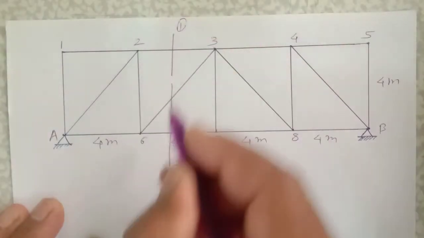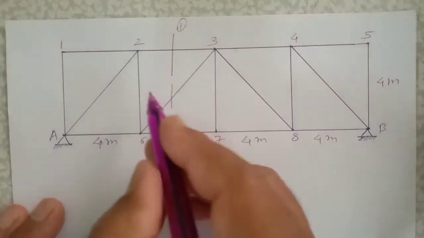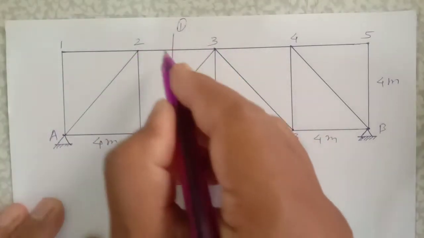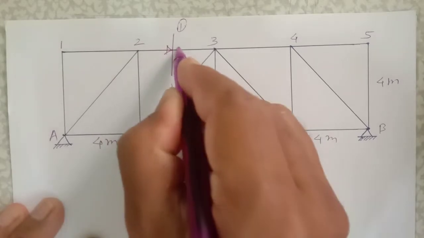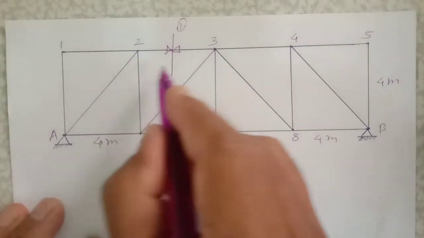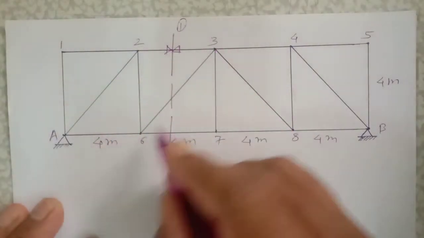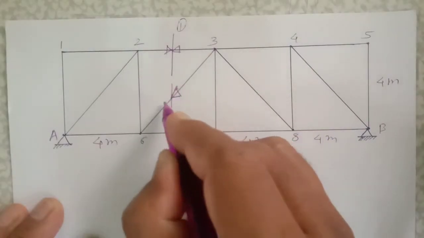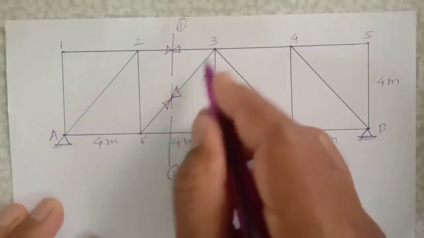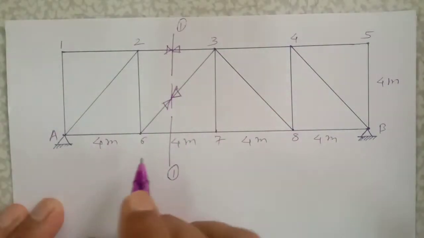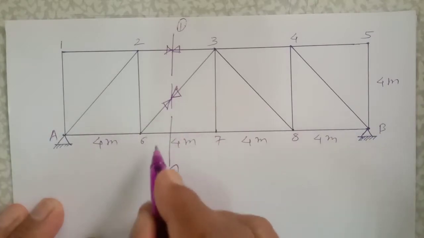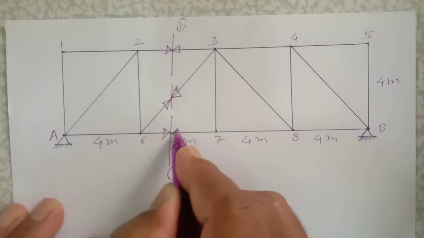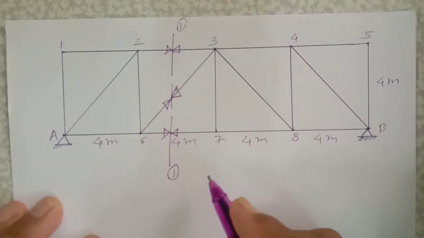When we cut the section, the force in member 2 3, diagonal member 3 6, will appear, and we have assumed that the direction is away from the point of application, that means tensile. This is the assumption. And this member 6 to 7 is also cut, and we have also considered it tensile. If the answer is negative, that means it is compressive.